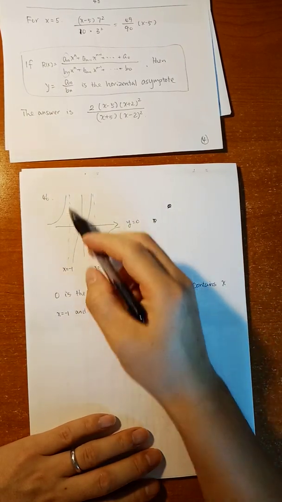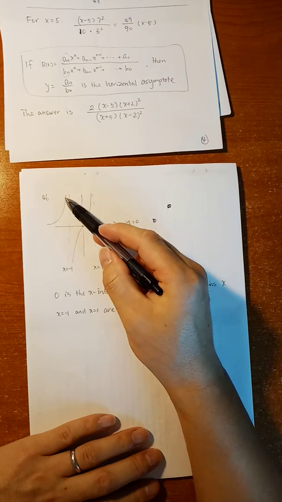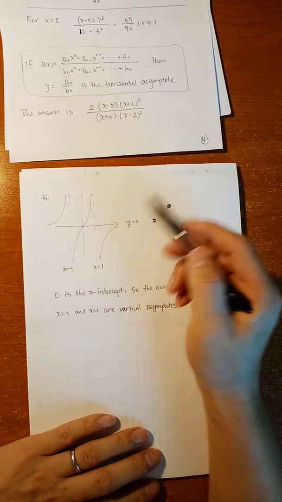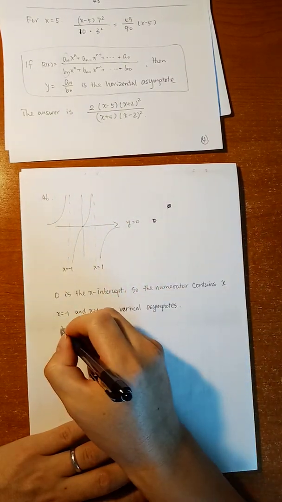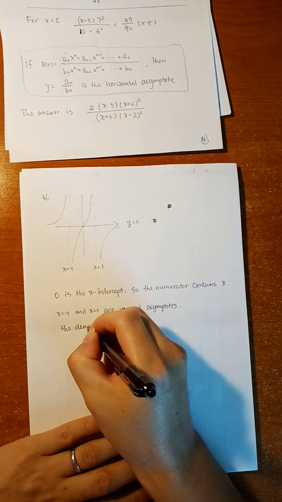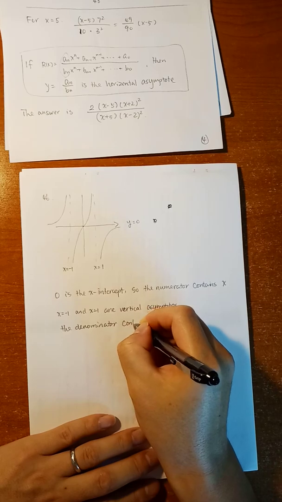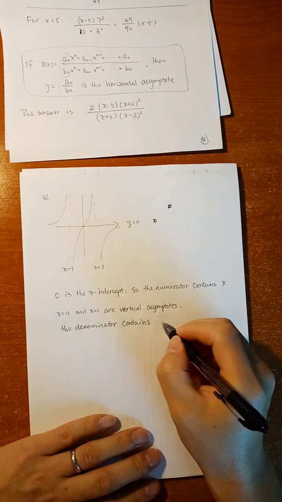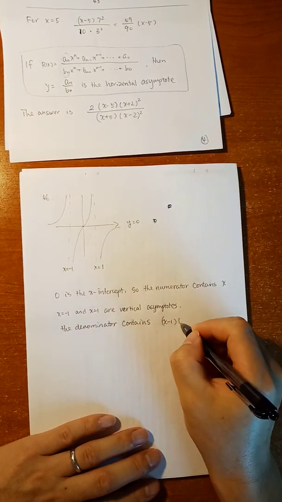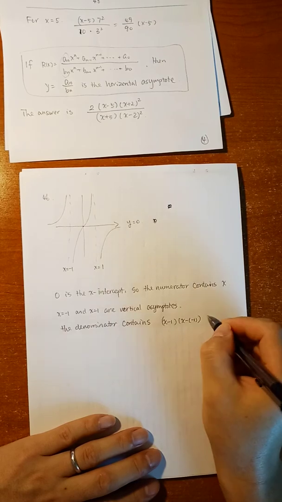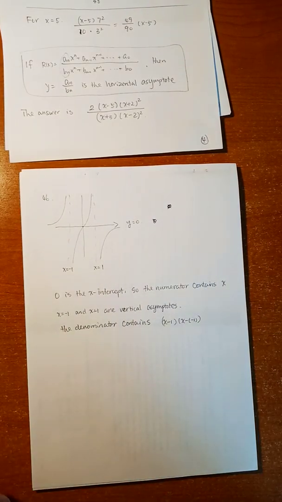They both have different infinities. Here's positive, here's negative, positive, negative. So the denominator contains x minus 1 and x minus negative 1. They both have odd degree, because they have different directions.